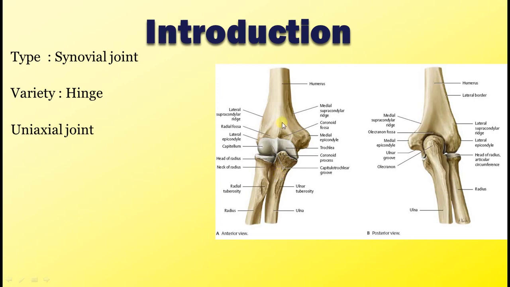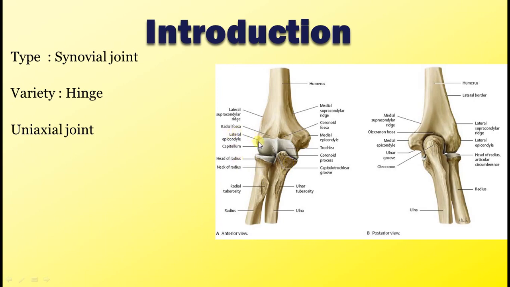Mainly the humerus, then the radius, then the ulna, so the 3 bones are involved. So it is a humero-radial articulation, humero-ulnar articulation, then radio-ulnar articulation. The radio-ulnar articulation we are not going to discuss as it is not a part of the elbow joint. We are going to discuss it separately.